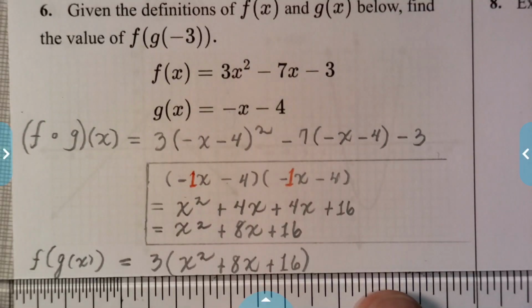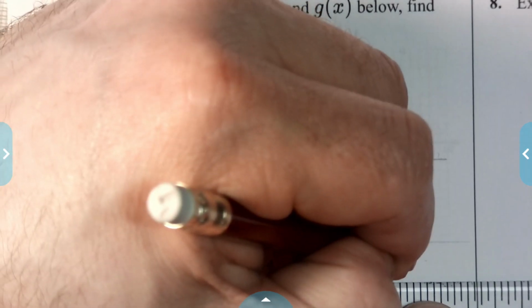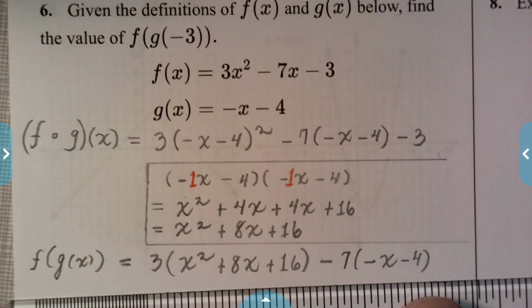And then we have the rest of it, minus 7, open parentheses, negative x minus 4, close parentheses, minus 3.